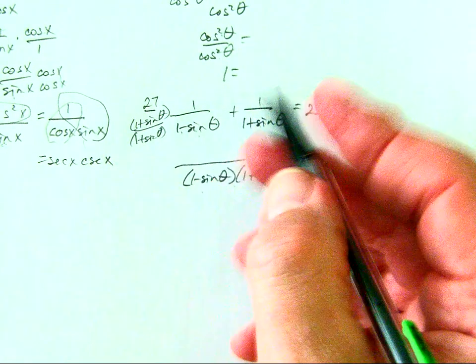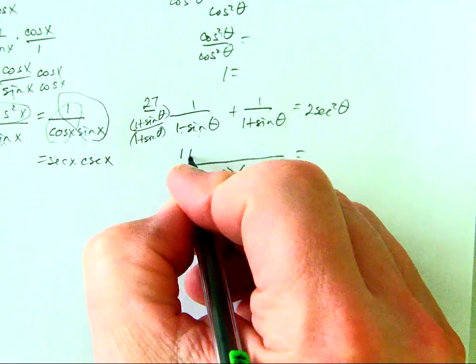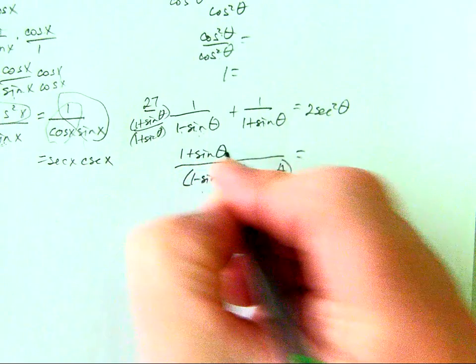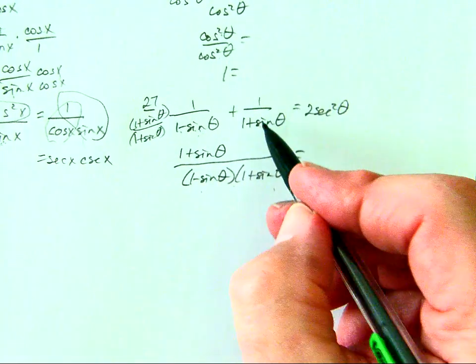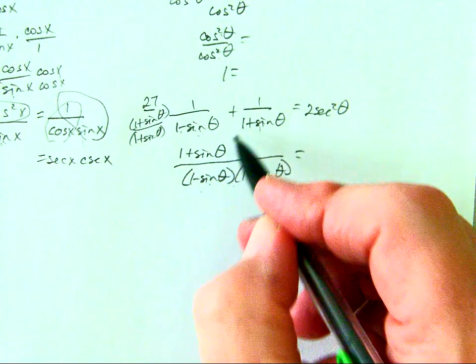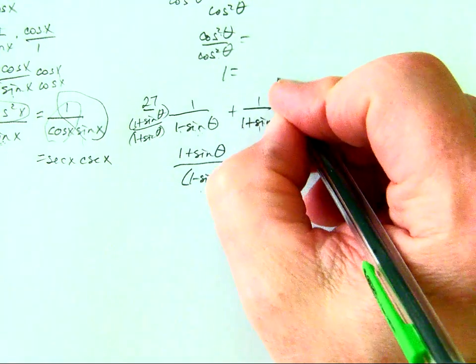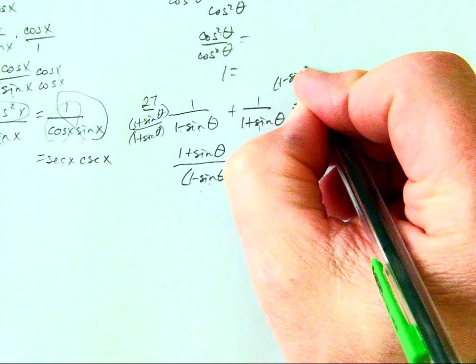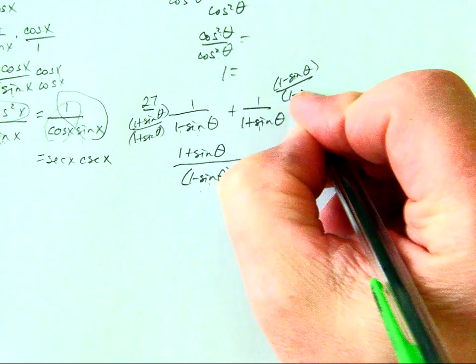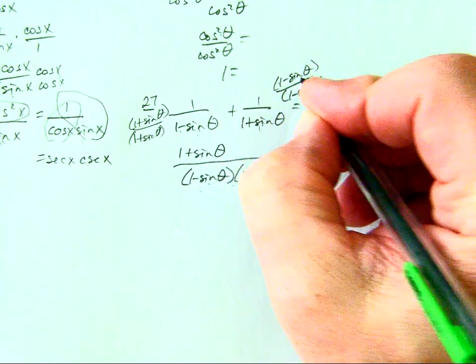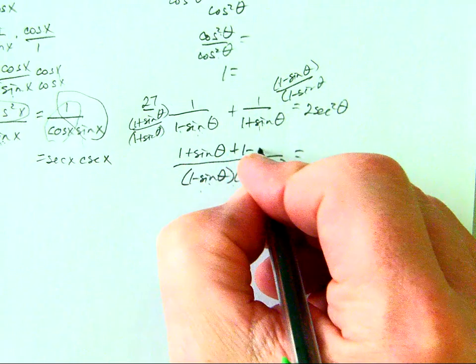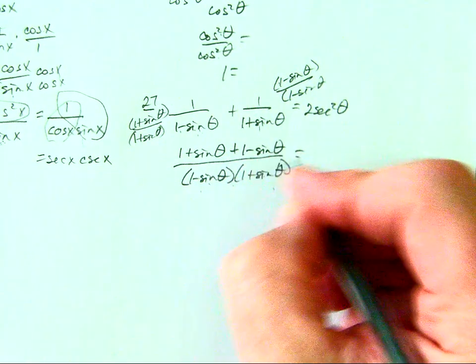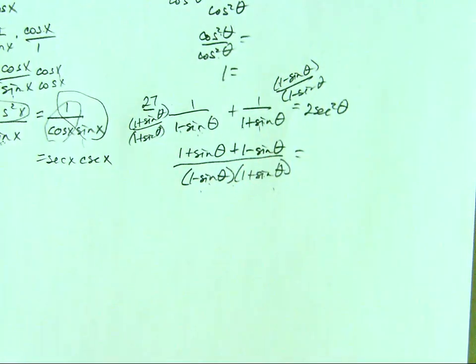Well, 1 plus sine times 1 is just 1 plus sine. This second fraction has a 1 plus sine, but it doesn't have a 1 minus sine. So we're going to multiply it top and bottom by 1 minus sine. So that times 1 is just plus 1 minus sine theta over our common denominator.